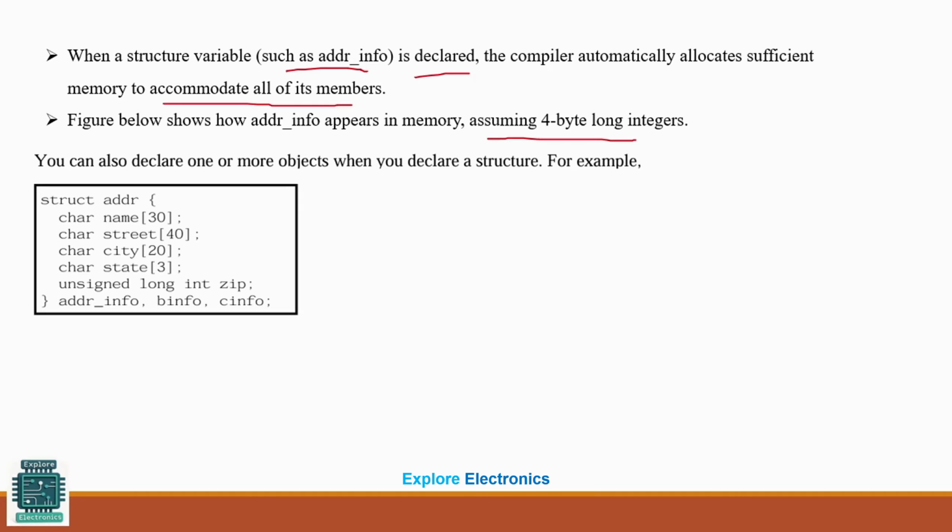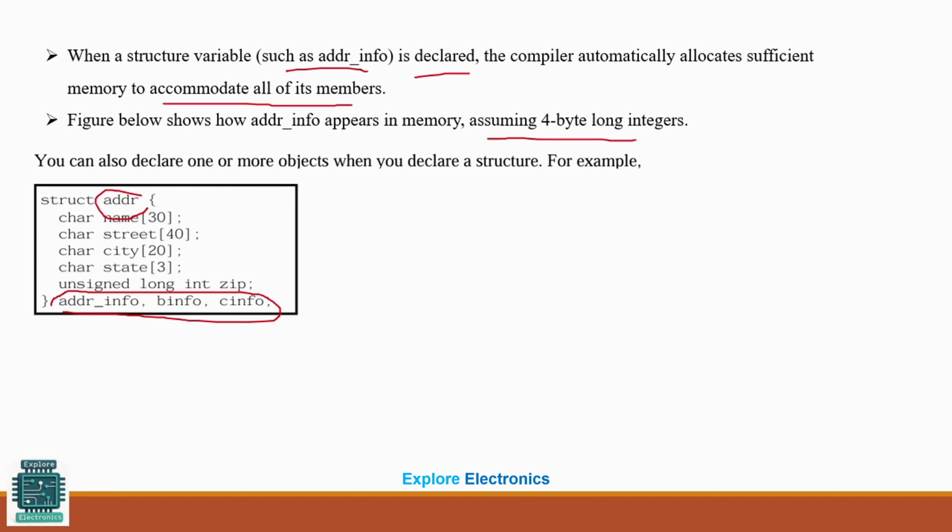Here, see, this is the same example, but I have included variable names. The difference between the previous one and this one is the structure type addr, and it declares variables, as I said, addr info, binfo, synfo.